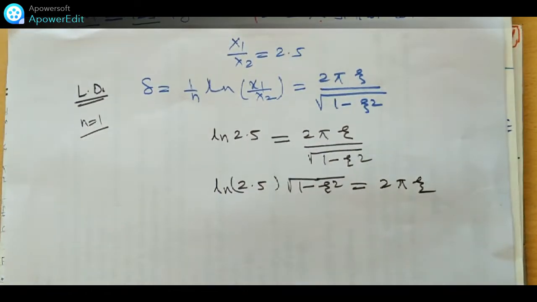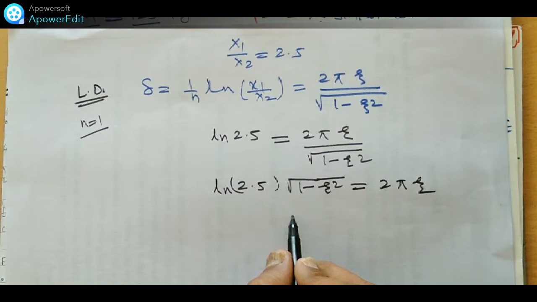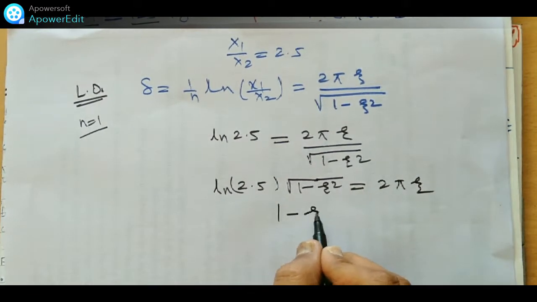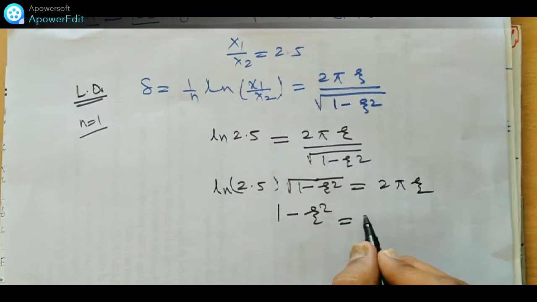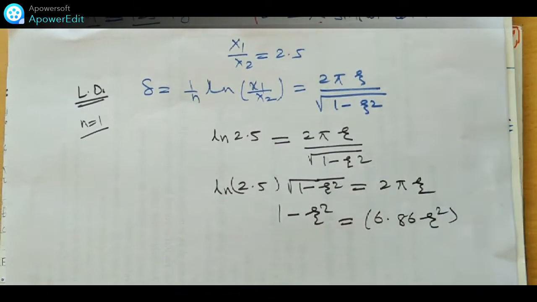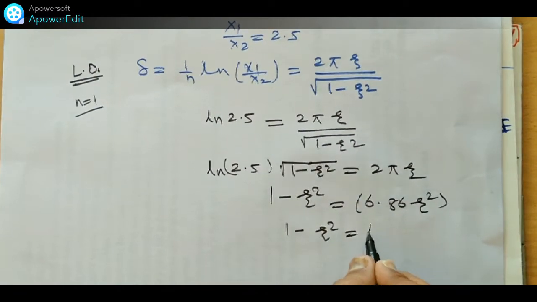In this, just solving this one, squaring on both the sides, 1 minus zeta square is equal to 6.86 zeta square. Lastly, what will happen? This will be written here: 1 minus zeta square is equal to 47.2 zeta square.